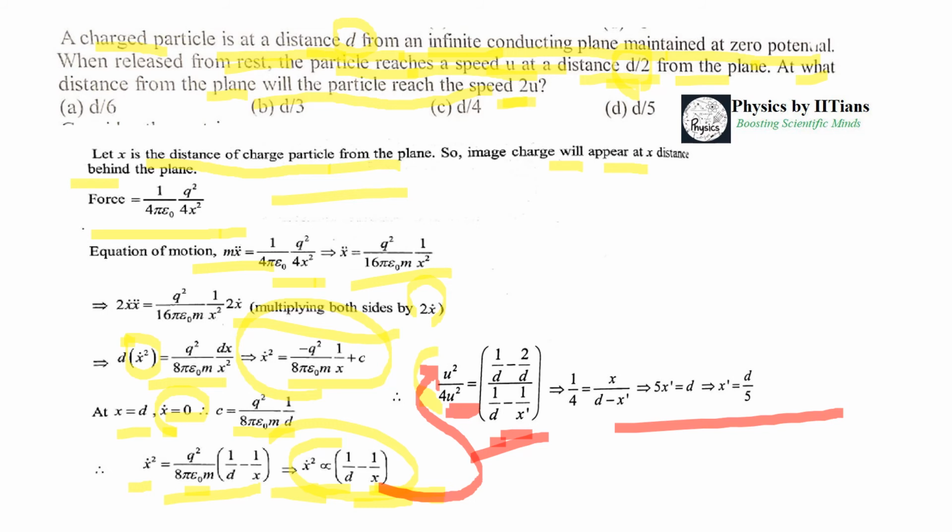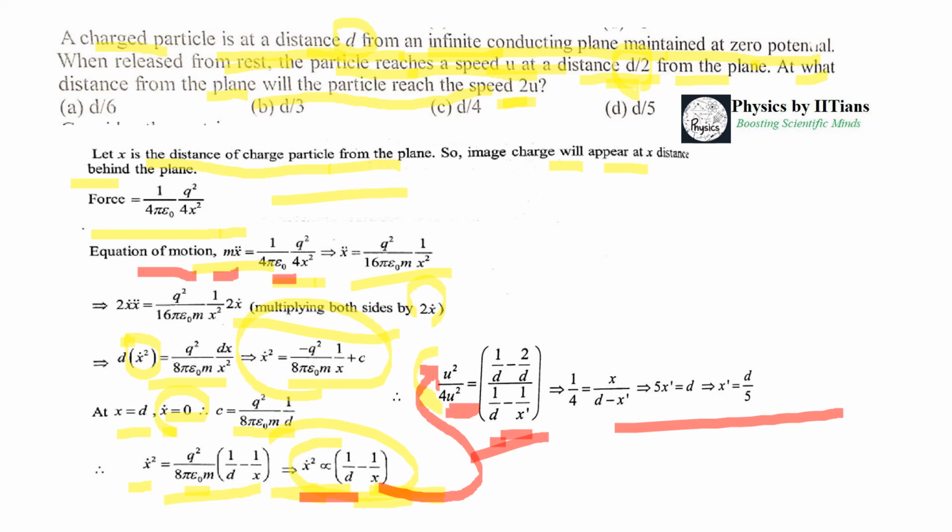So do you understand what you have done? You have first found out the force it is experiencing, which is giving the charge its motion, that is m into x double dot, and that force is due to the Coulombic force.